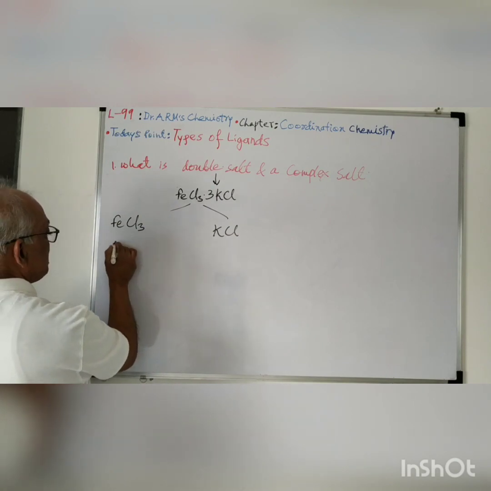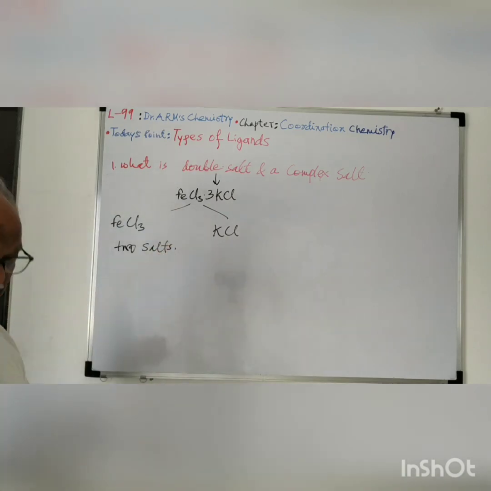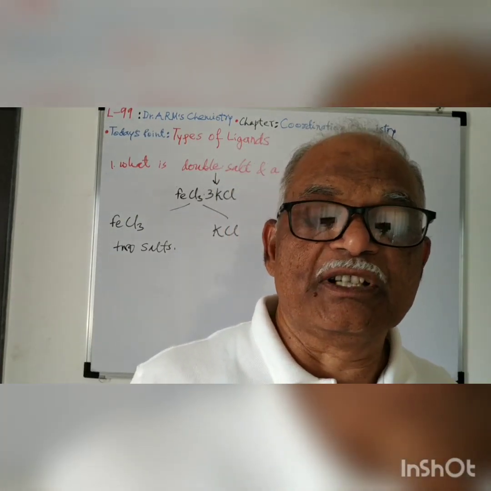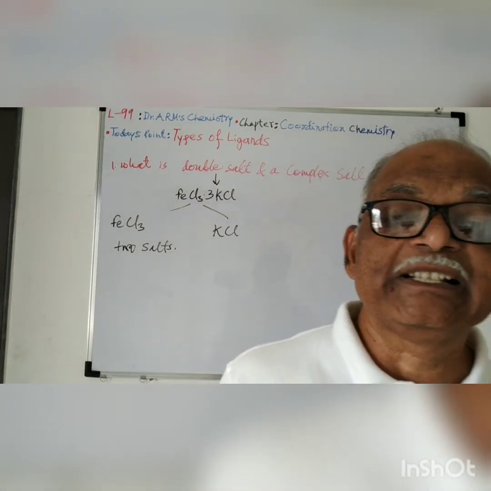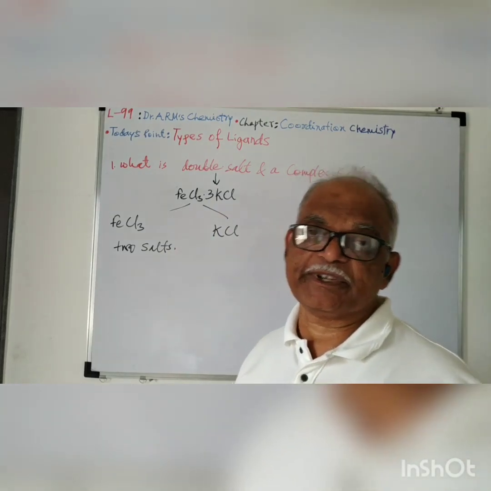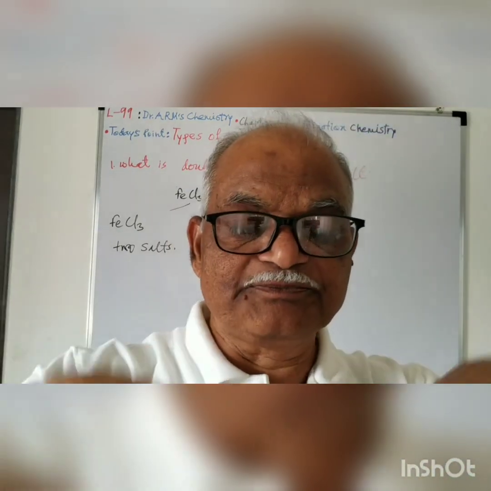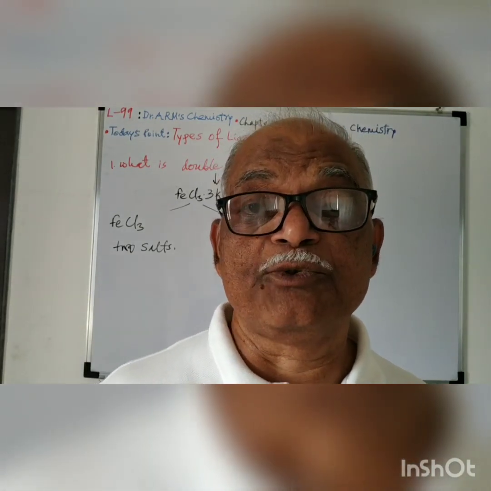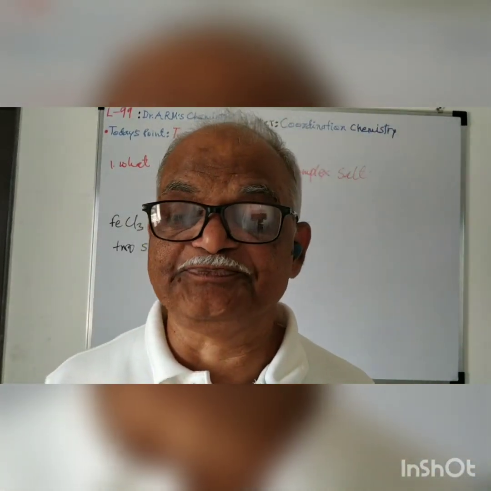Here we are observing two simple salts which come together and form a homogeneous mixture, which can be separated in the form of a solid with a different crystal structure and different color. If we mix these two solids in aqueous form, evaporate the solvent and crystallize out the product, we get this type of double salt.